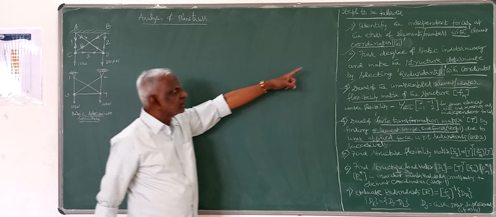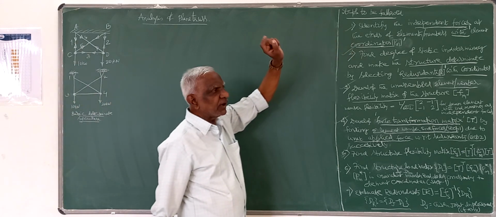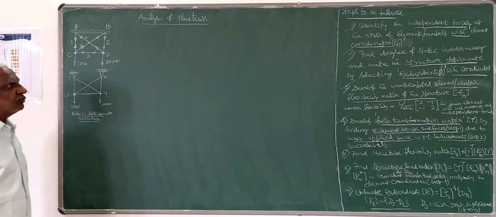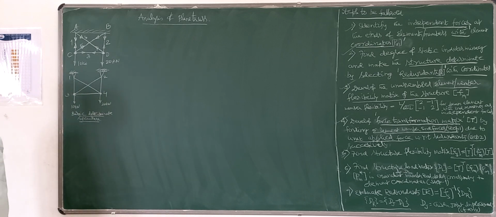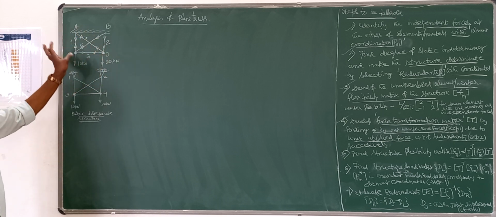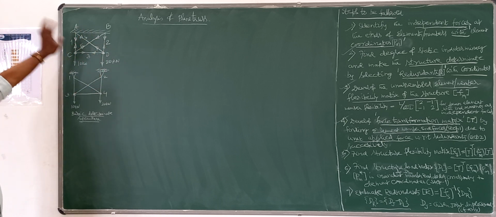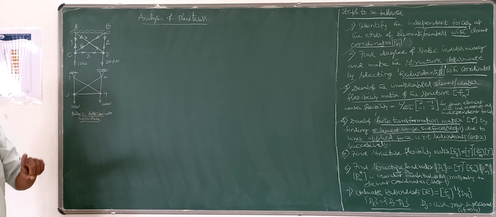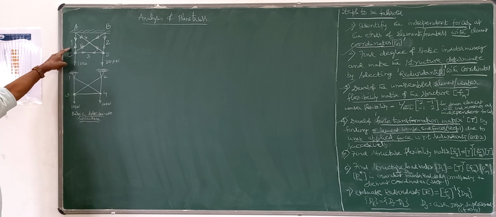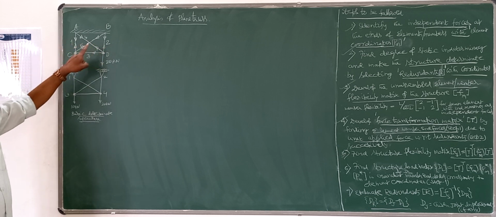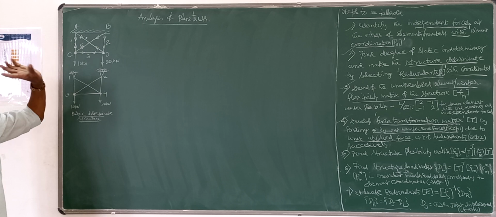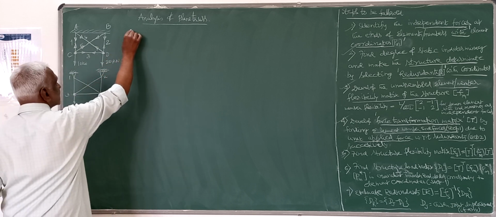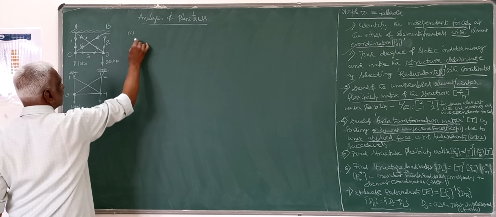So that is what is first step. Identify the independent forces at the members of the given structure. Here there are 5 members of the structure and all members are subjected to only one type of independent force, that is only axial force, and that I am identifying 1, 2, 3, 4, 5. 5 axial forces which are there in the structure, and that we have to determine.